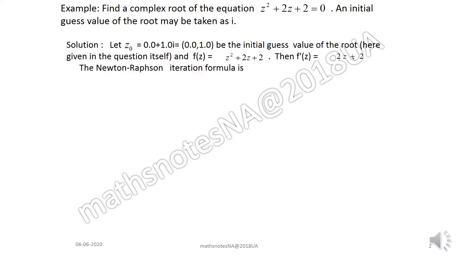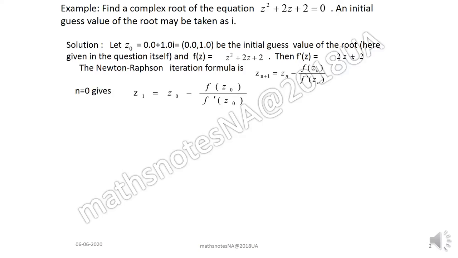We substitute this in Newton Raphson formula, and instead of x we have used z here for writing the formula. So z(n+1) is equal to zn minus f(zn) upon f dash (zn). We substitute value n as 0 and we find out z1 is this.